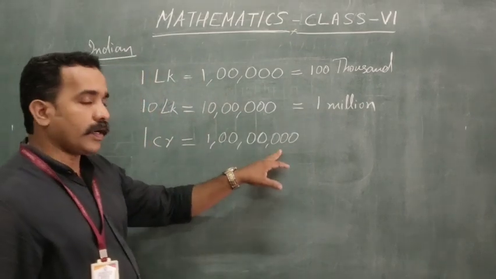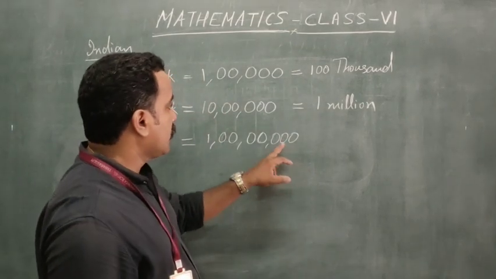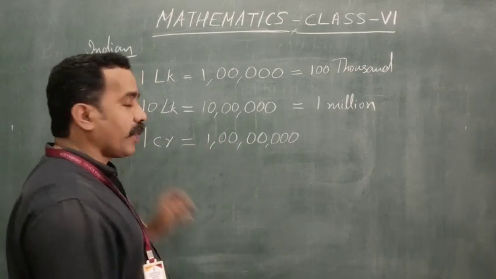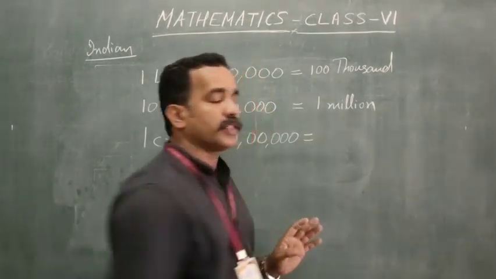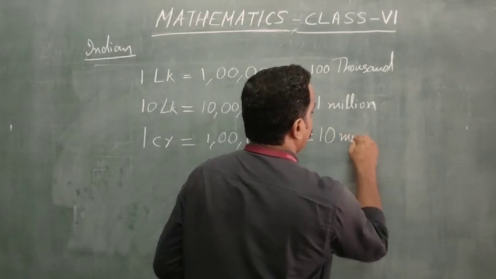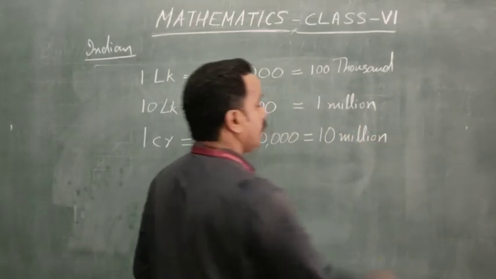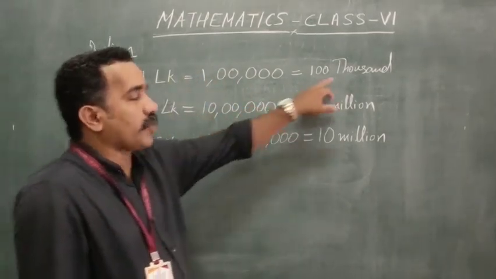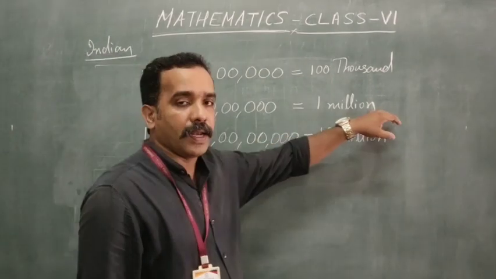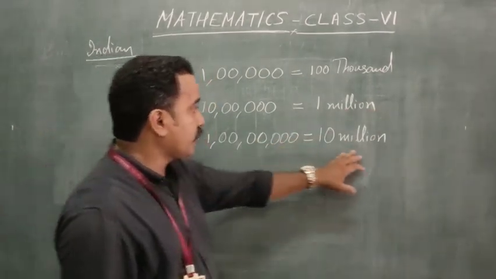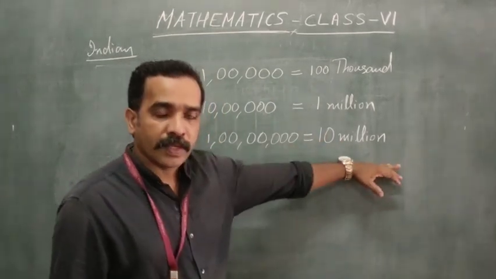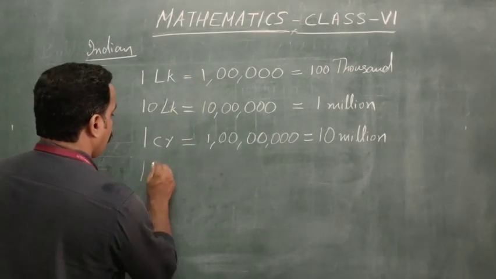According to the international place value chart, it is equal to 10 million. So 1 lakh is equal to 100,000, 10 lakh is equal to 1 million, and 1 crore is equal to 10 million.